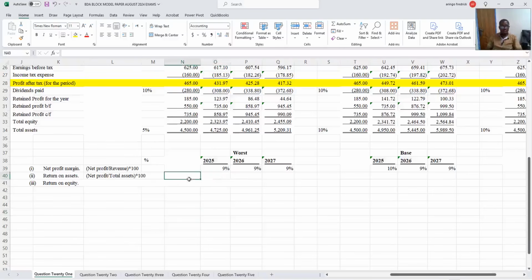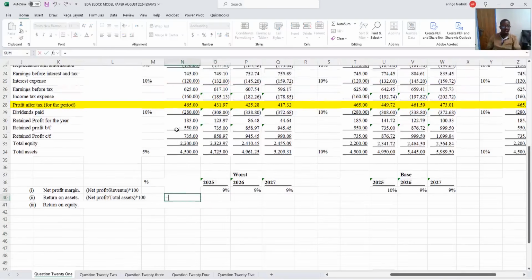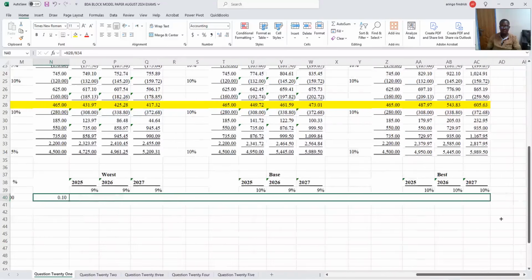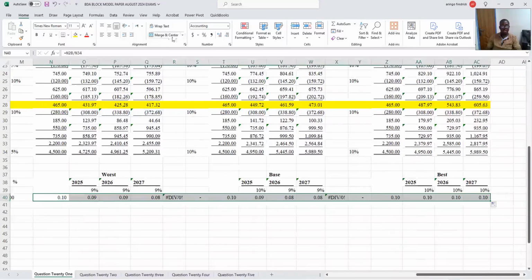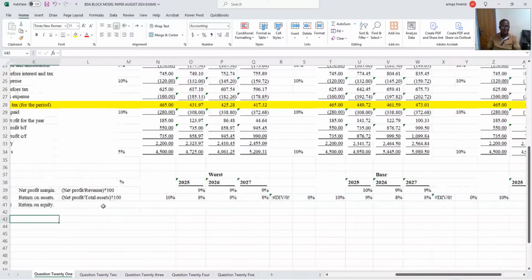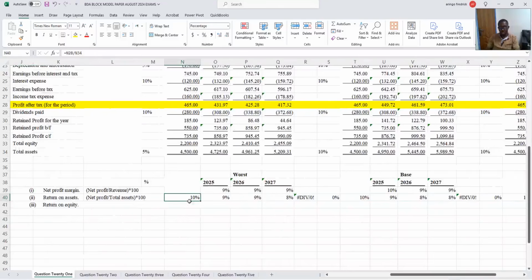Already we have our profit to divide by our total assets. Then after that, all I need to do is to drag it all through and have it in percentage. So I'm only interested with these parts.